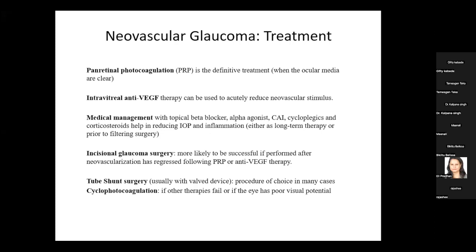In medical management, we have to give oral and topical medications to lower the intraocular pressure. In many cases, we may need incisional glaucoma surgery, but it is advised to do the incisional surgery after the PRP or the anti-VEGF injections. Some patients may need glaucoma drainage device implantation. If the prognosis is very poor, cyclophotocoagulation is done to reduce the intraocular pressure.